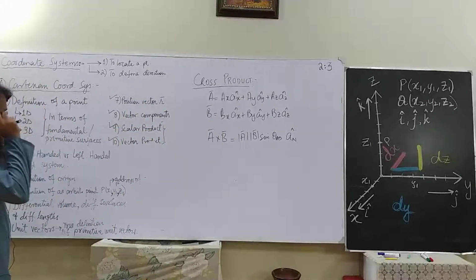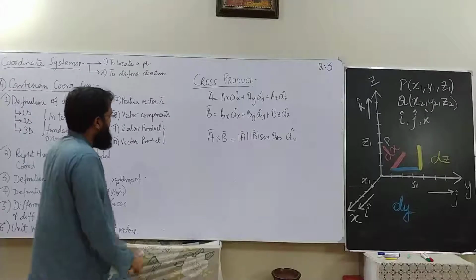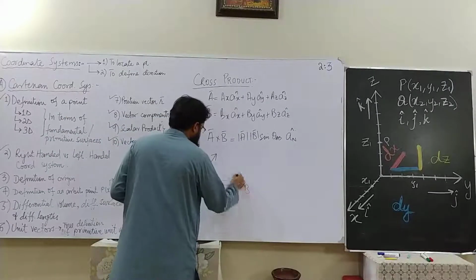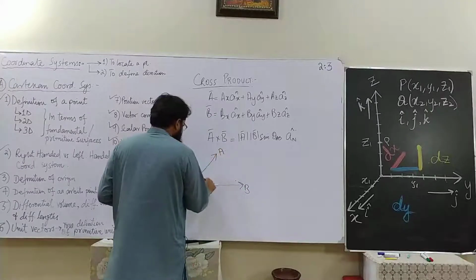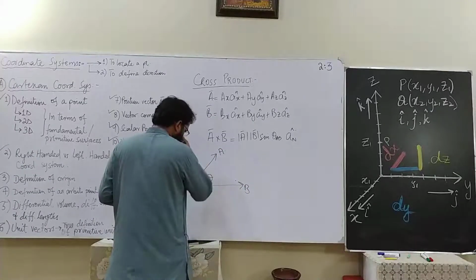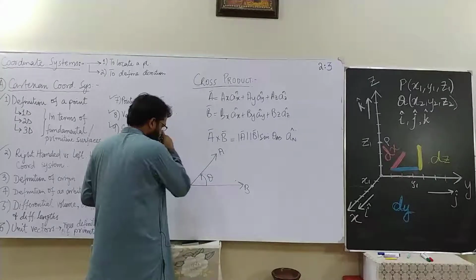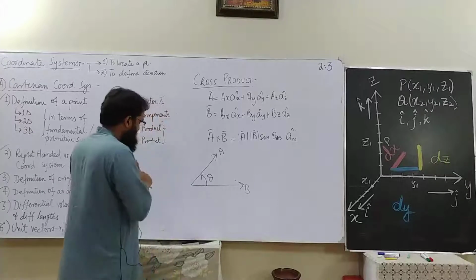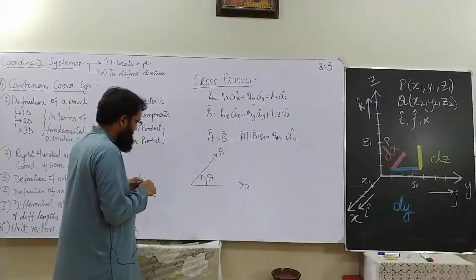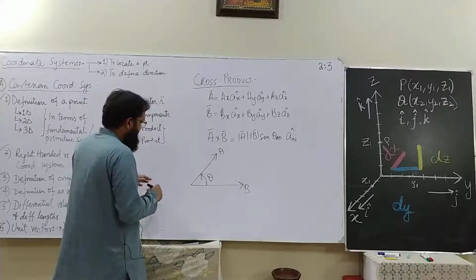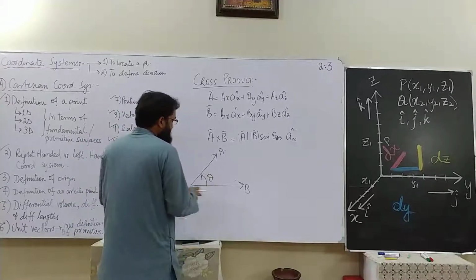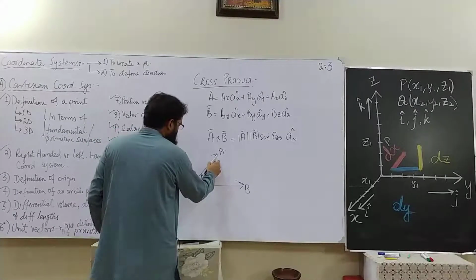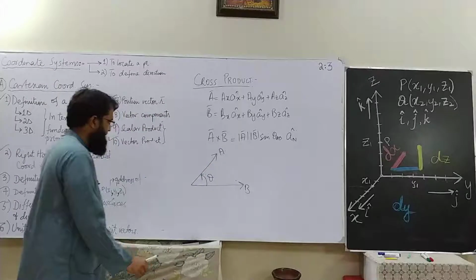a unit vector. And we all know from our intermediate physics that if you have two vectors A and B with an angle between these two, the cross product will give us a vector which is perpendicular to the plane on which these two vectors are present.